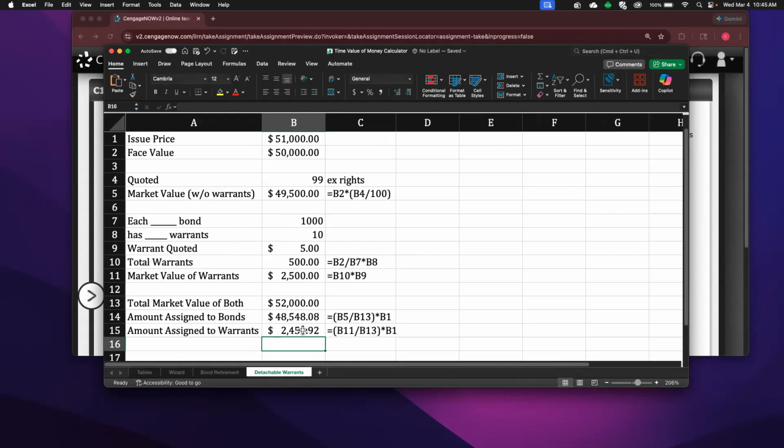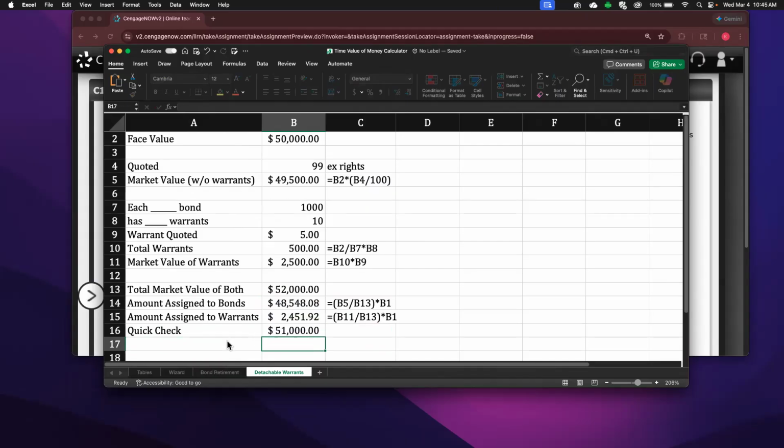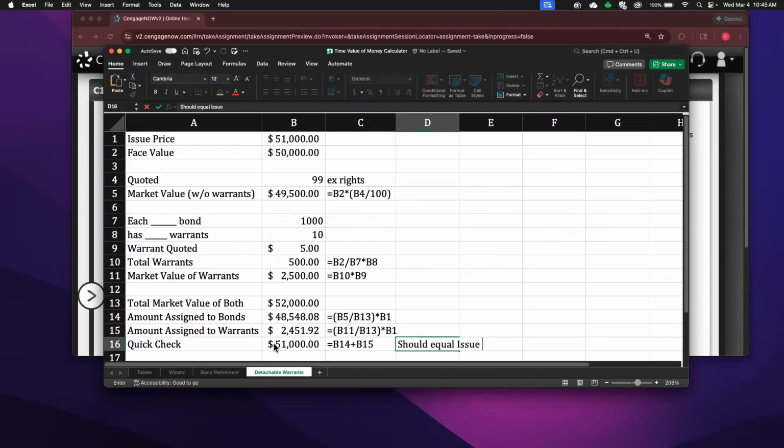So our answers over here: 48,548.08 and 2,451.92. And if we want to make sure this is right, a quick check. We can add this and this together, and it should equal the issue price.